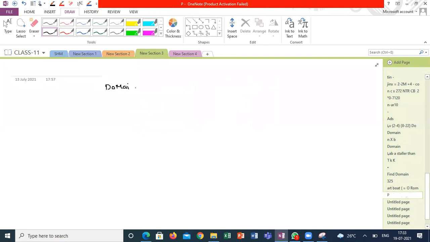Domain of x square by 1 plus x square. Mark. Domain of x square by 1 plus x square.